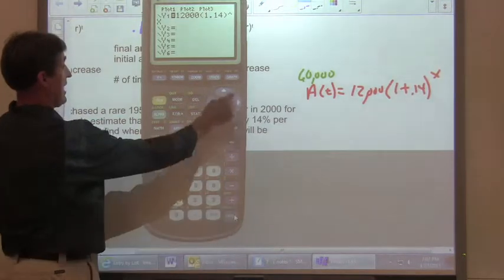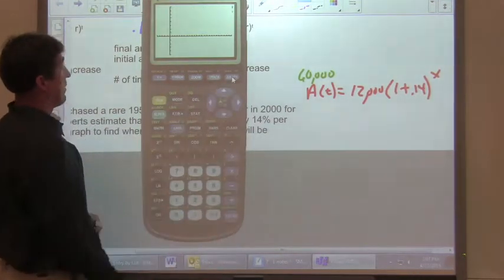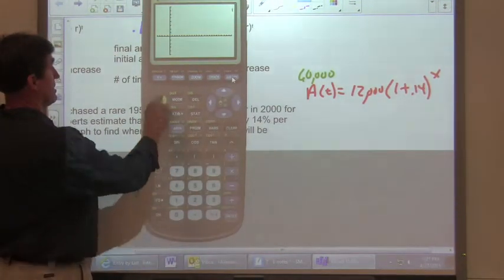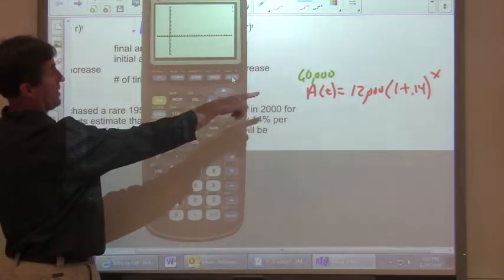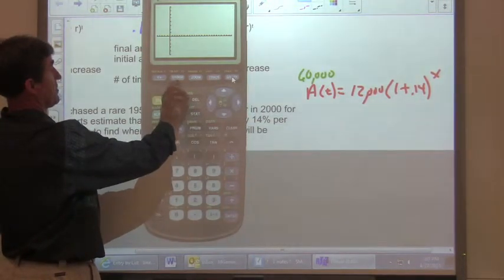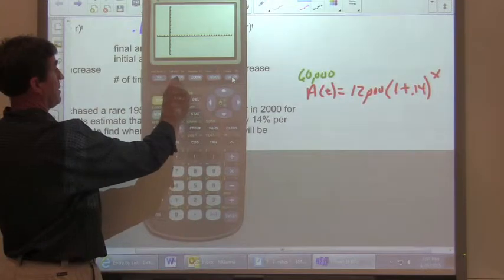We can enter that, and then we can graph it. Now we're going to have to look at the window on this. So we know we're going to be at 12,000 when we're at 0, and it's going up.